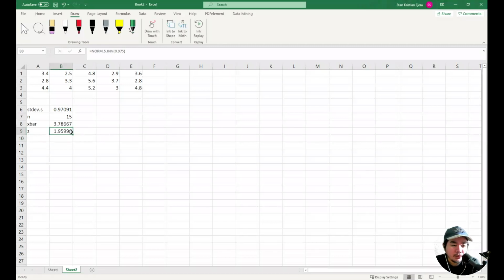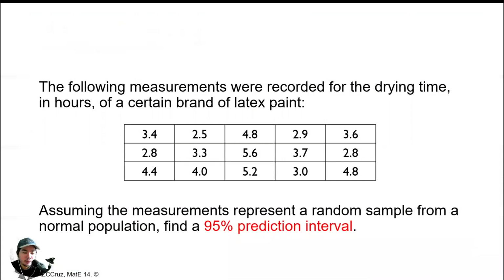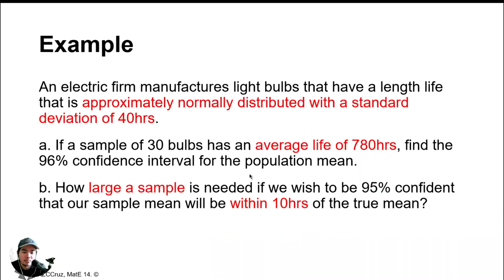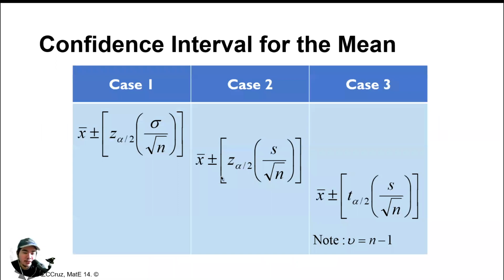Okay? So sometimes class, some students like to do, di ba dito sa formula, kasi this is based on the manual method of finding the z score and the t value.